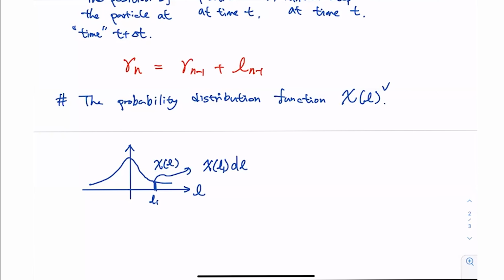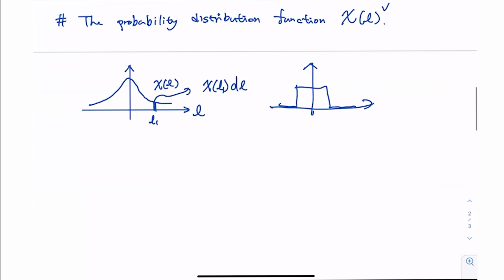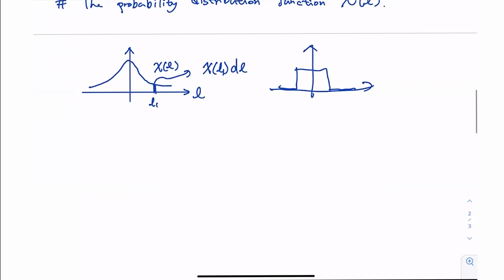The reason is that we want to keep the probability distribution function a very general input, so that we don't need to specify its detailed form. It can be a Gaussian function, or a block distribution, or anything. For example, you can also have a probability distribution function that looks like a hat or something. Anyway, let me write down what I mean by that.